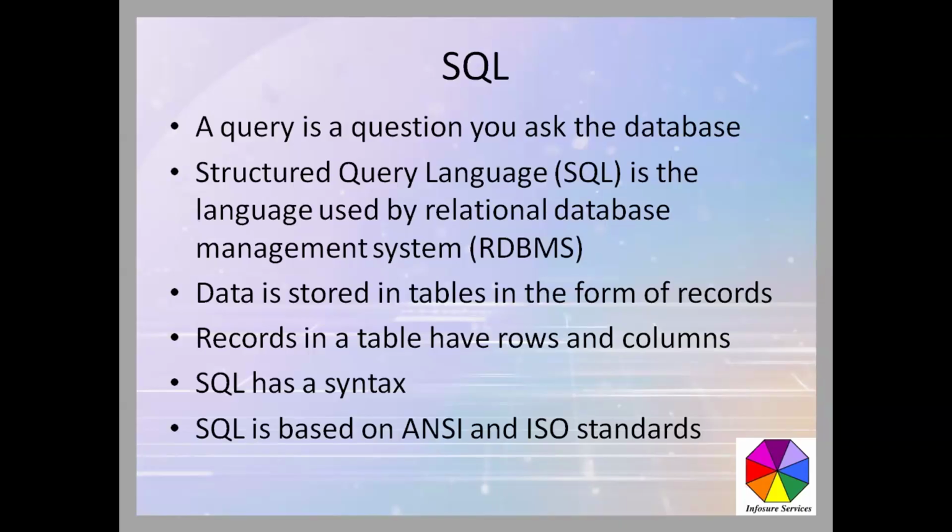Here, ISO is a global standards organization, whereas the American one is ANSI. That simply means there's a standard manner. The language is accepted as a standard of interchange, a standard of communication.